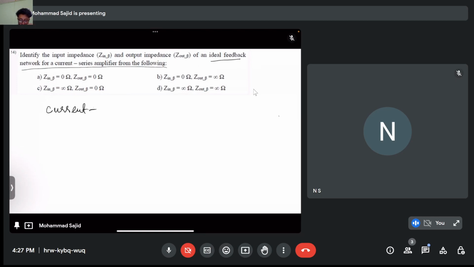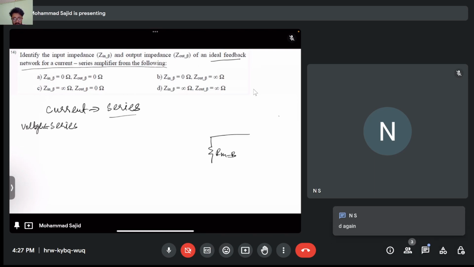Current at output means series connection, and series at input means voltage connection, right? Now, if you are connecting your feedback network, D again.